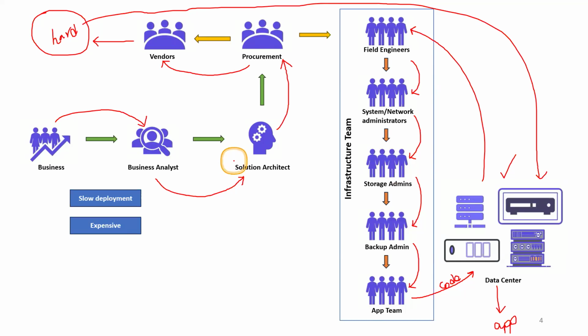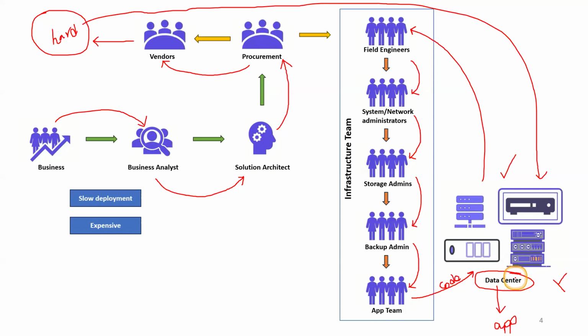Why is it expensive? One of the guys has told us the price is very high. It's because your company has to maintain the data center. To maintain the data center, you need 24 by 7 electricity, 24 by 7 cooling supply, 24 by 7 security personnel, 24 by 7 monitoring of the activity.